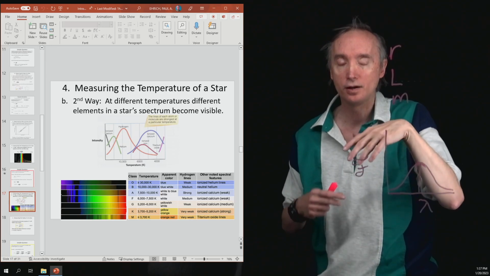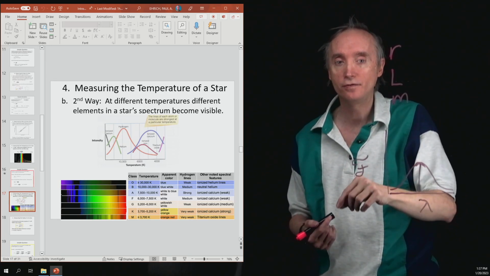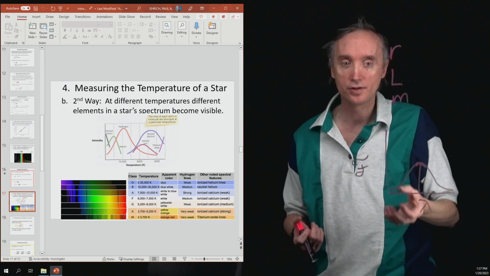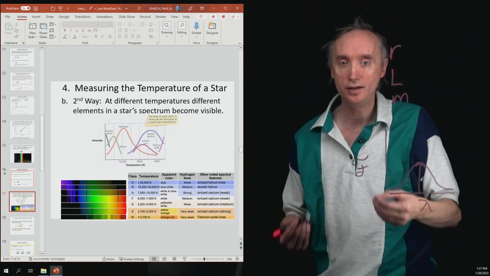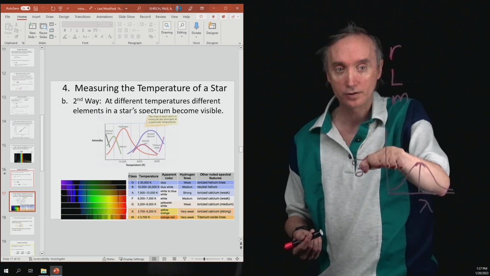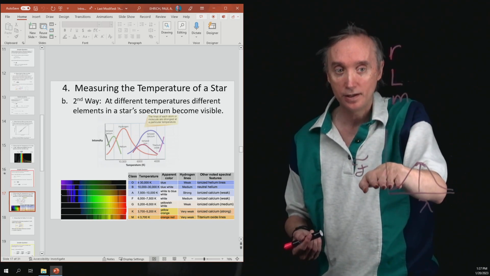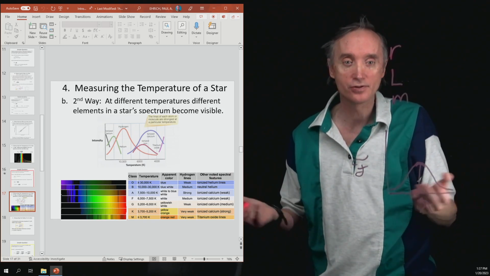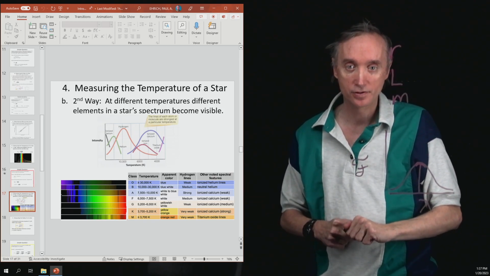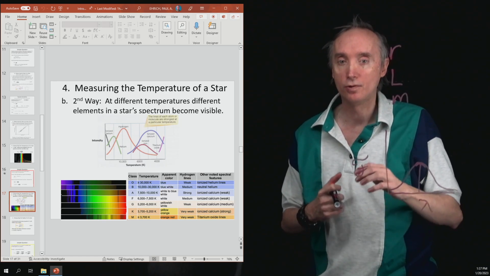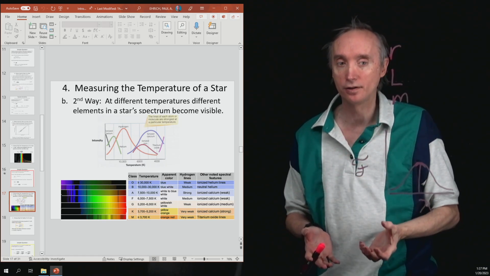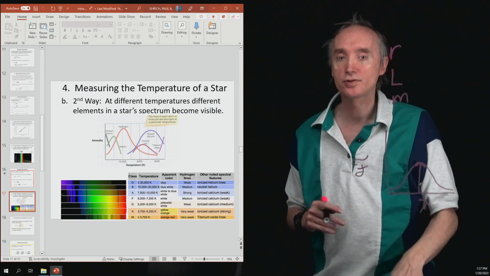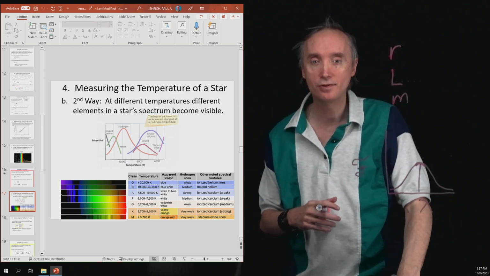Well, those electrons for different elements behave differently. So the temperature at which, let's say, helium's electrons jump up and down is going to be different than the temperature that calcium will react at. So different elements will start to give off different colors at different temperatures. And so astronomers made up a series of letters.